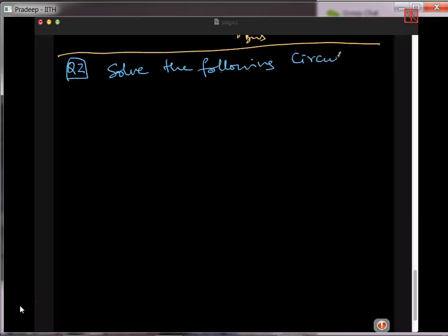circuit and find all node voltages. So this is the question. So the question is like this.